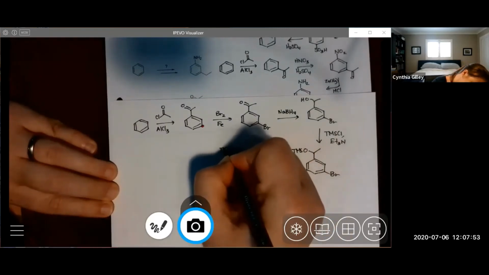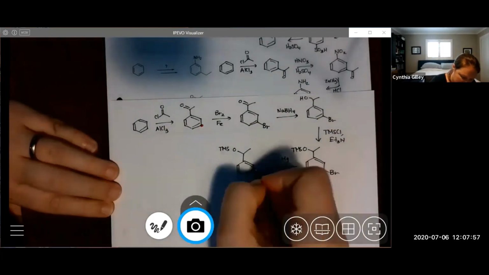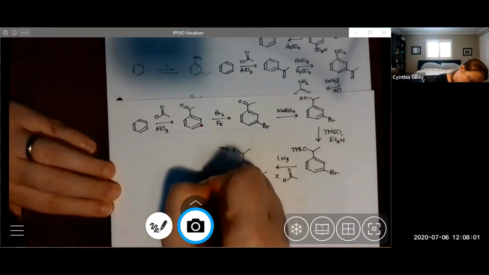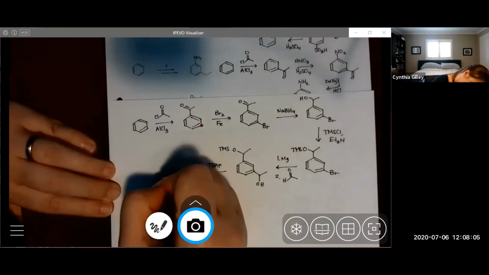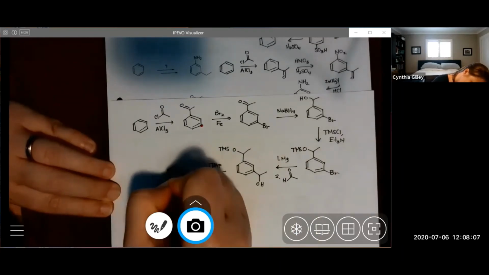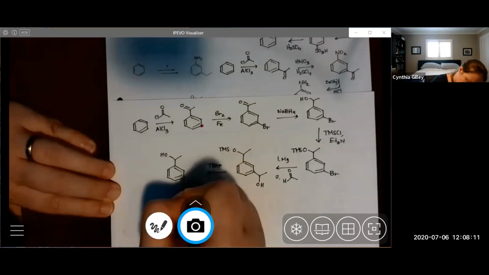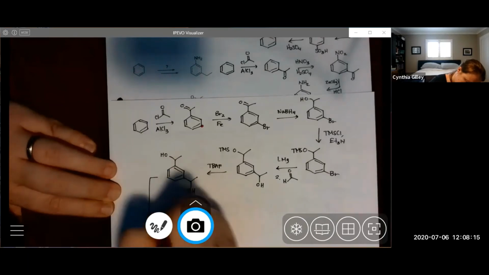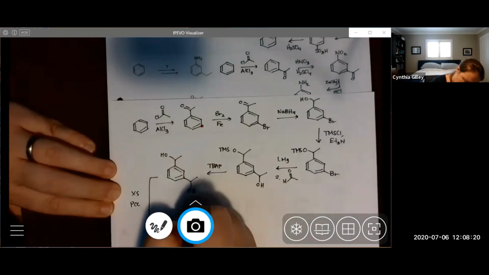Assuming the acidic workup does not deprotect the TMS ether and it's still there, we'll have to go ahead and deprotect it. Once we're at this diol, we can do excess PCC to oxidize both of them back to carbonyl.